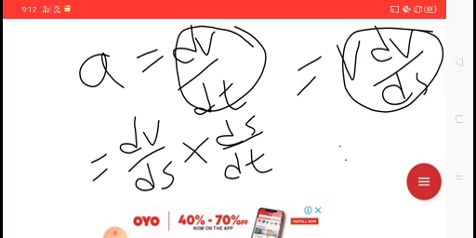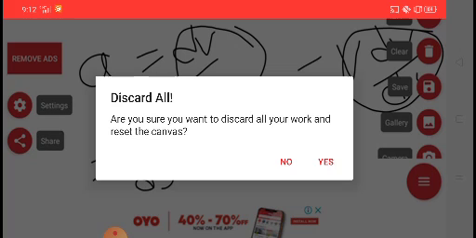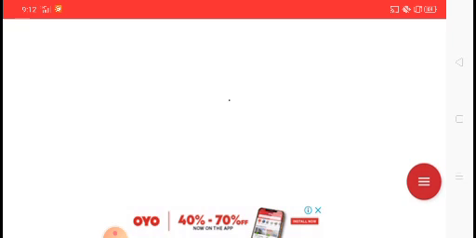Now we proceed to question one. A particle is moving with a constant acceleration a.